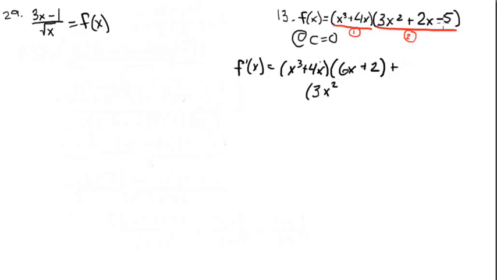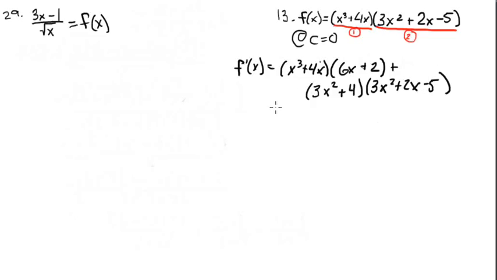The derivative of 4x, much like the derivative of 2x, is just plus 4. And then we multiply that by this second factor, which is held constant, so we don't take its derivative: 2x minus 5. That's an application of the power rule.